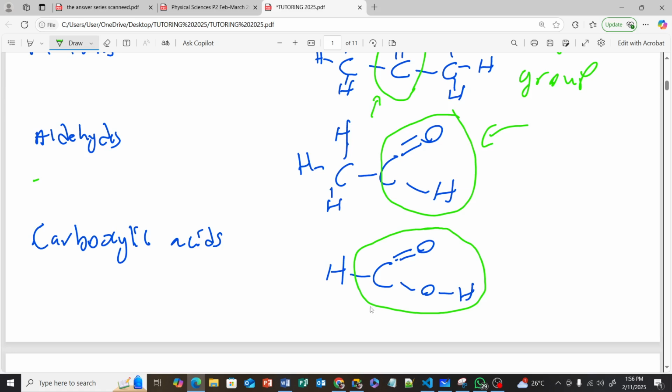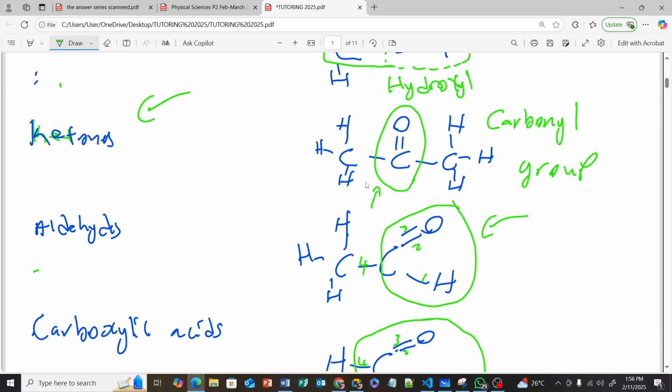Now, I want you to bear in mind a certain pattern. Look how many bonds surround carbon. We have 1, 2, 3, 4. If we go around all carbons, we have 1, 2, 3, 4.